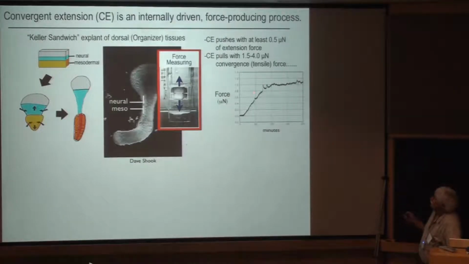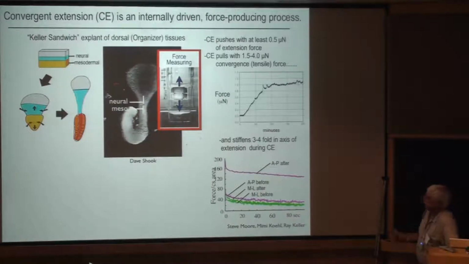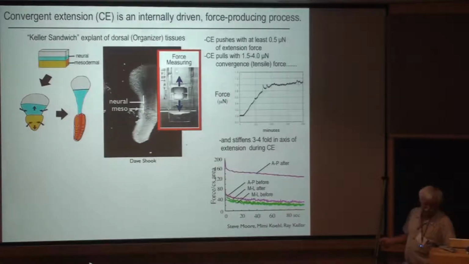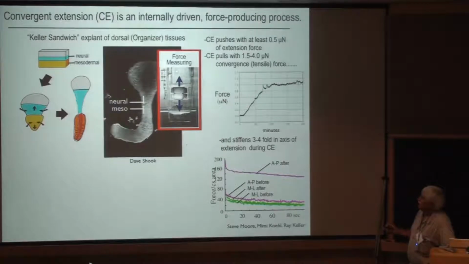The tissue generates a pushing force, and it also gets fourfold stiffer in the AP axis. So it shows an anisotropic stiffening in the AP axis, but not the medial-lateral. We've also done this now in the other direction, medial-laterally, and I'll get to it in just a second.